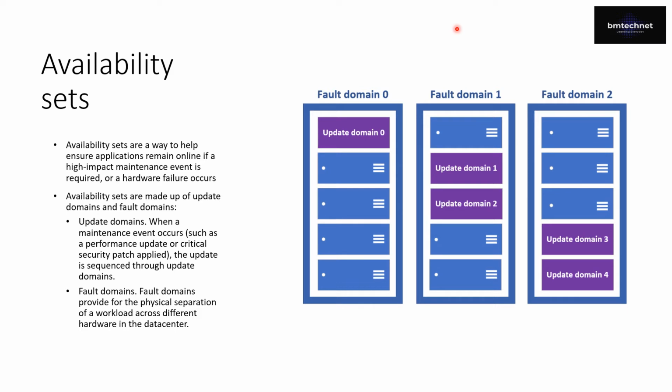So then comes a question: how do availability sets work? Let me tell you. Each virtual machine in your availability set is assigned an update domain, which I mentioned here in purple color, and along with that, a fault domain by the underlying Azure platform.